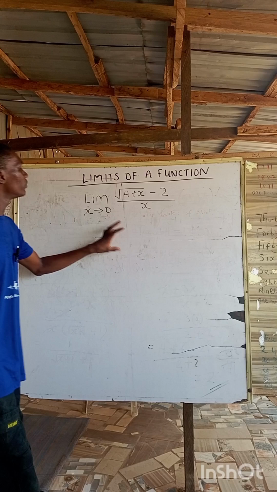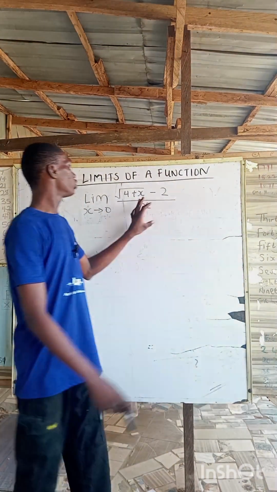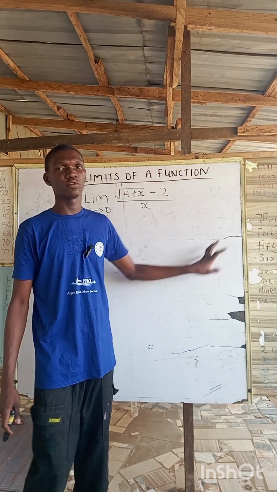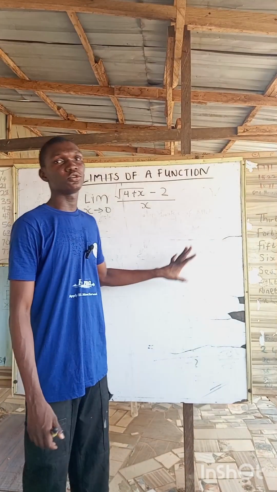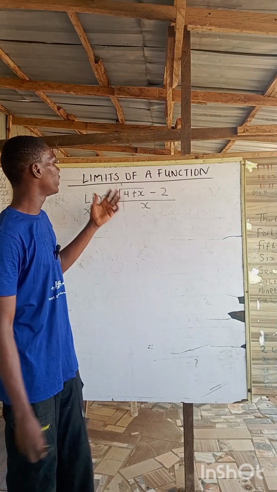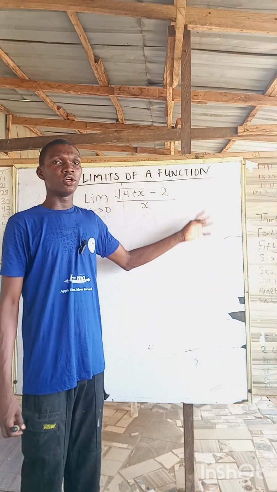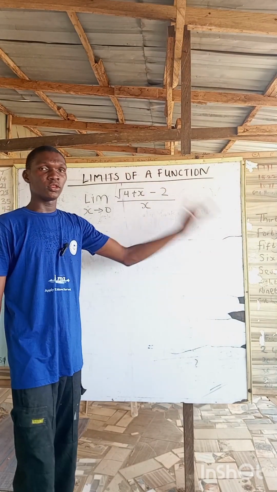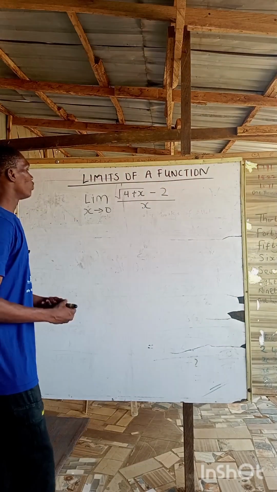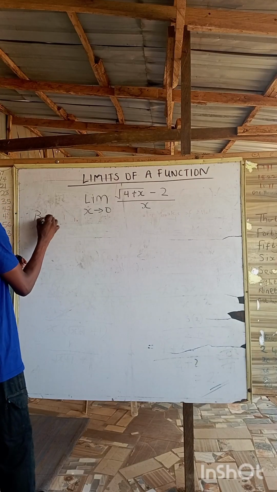So we're given the limit as x tends to 0 of root of 4 plus x minus 2 over x. When we substitute directly, it is 0 over 0, so we know it will give us an indeterminate function, or you can call it undefined. So what can we do here? We can rationalize.